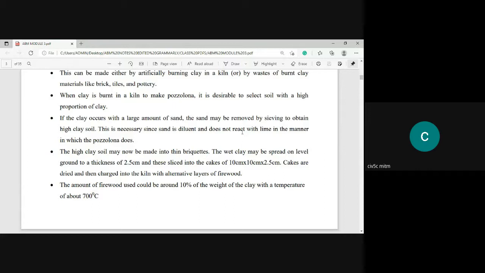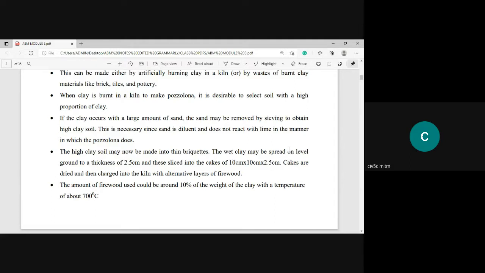Now, after taking a clay soil, what you are going to do? After taking a clay soil, mix it with water and make square pieces. How? After mixing, spread the clay soil just like a cake, to a uniform thickness on a hard surface.